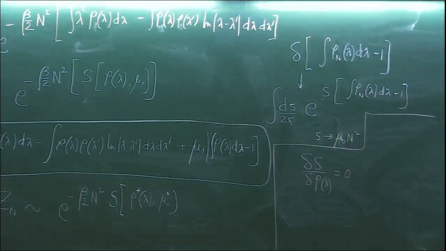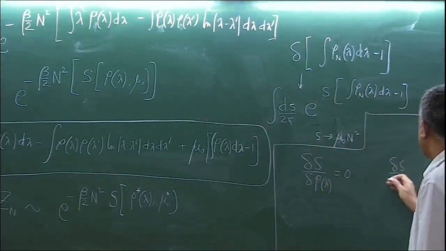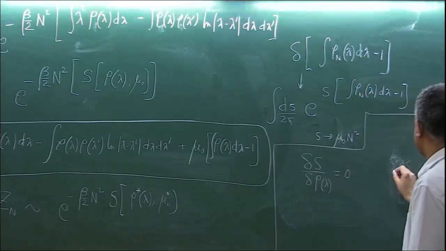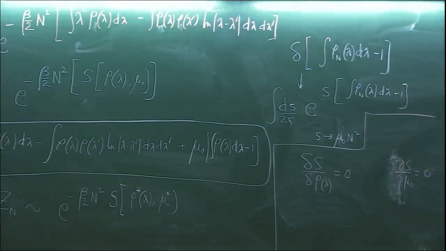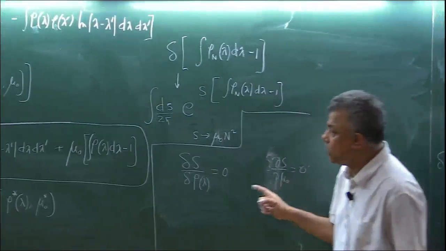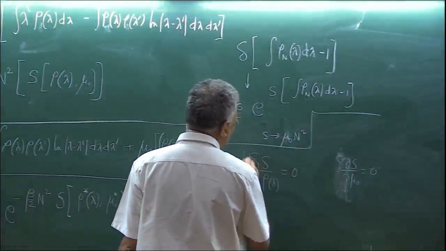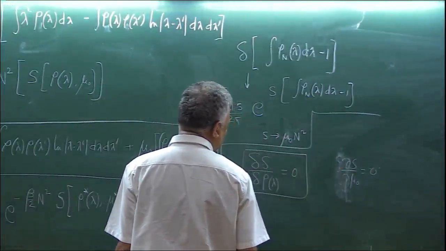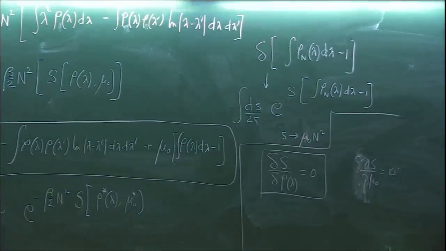Also, because this is a two-dimensional thing, you have to find mu naught too, so del S del mu naught has to be 0. But when you do that, you just get back the constraint. So you just have to look for solutions of the saddle point which satisfy this normalization condition. This is the saddle point method.